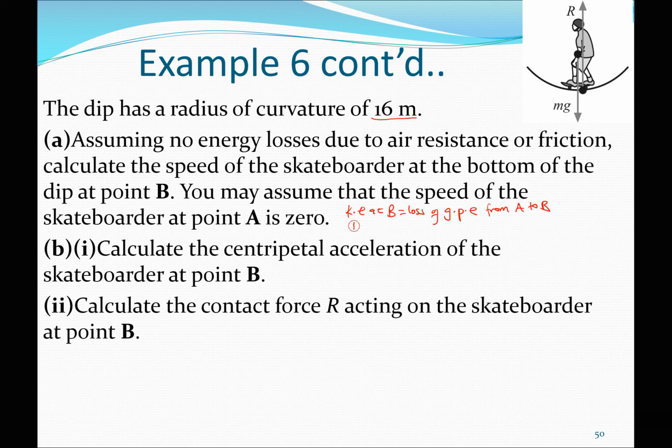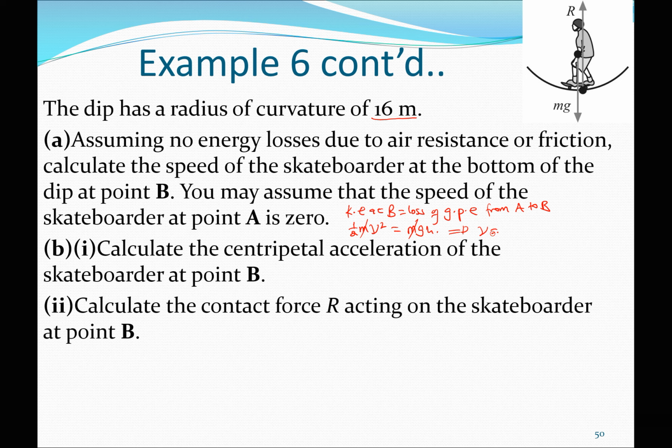So kinetic energy is going to be a half m v squared, and the loss in gravitational potential energy, because at A the speed was 0, so the kinetic energy there was 0, but the potential was equal to mgh. If B is the reference point where h is 0, the potential at B is going to be 0. If we cancel out m, we want to find the speed.